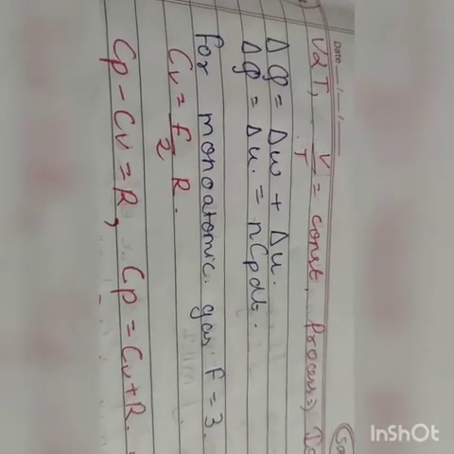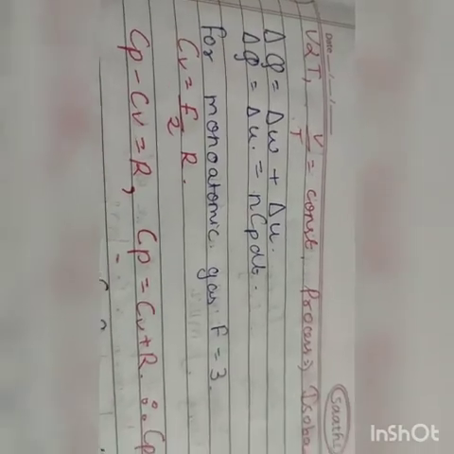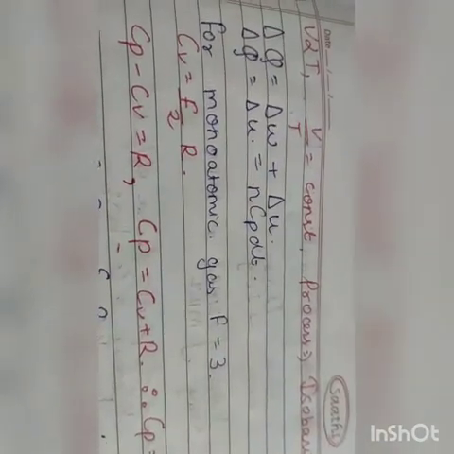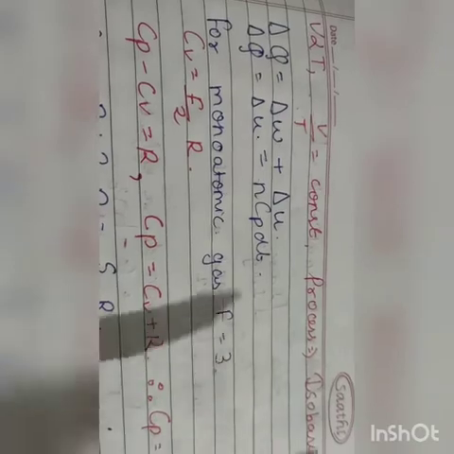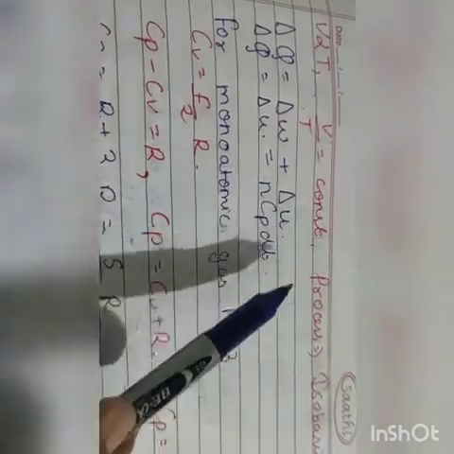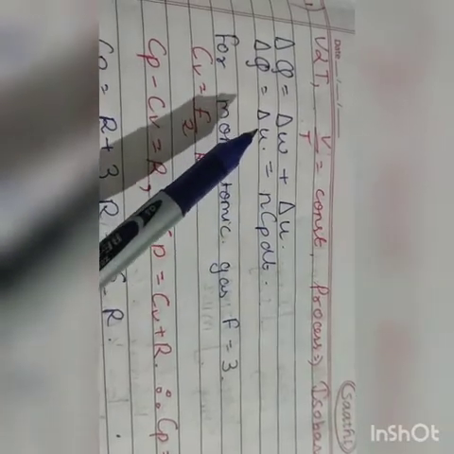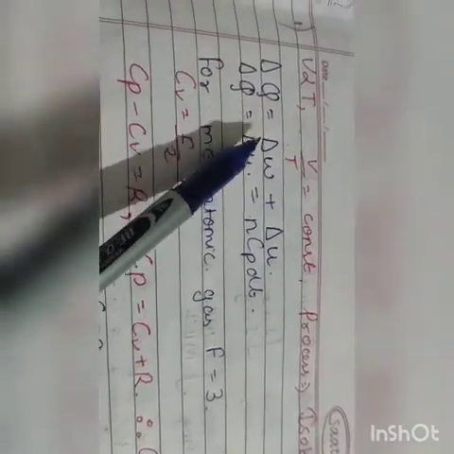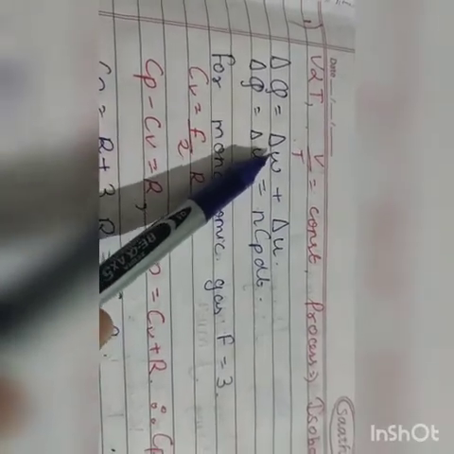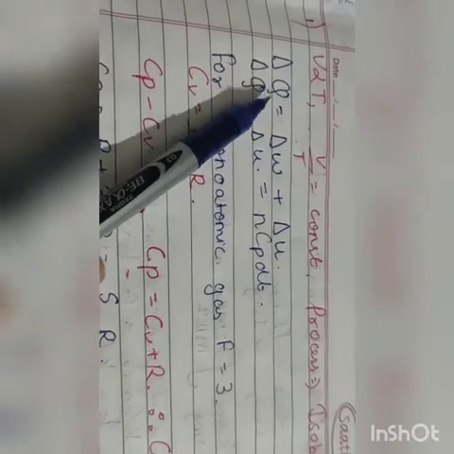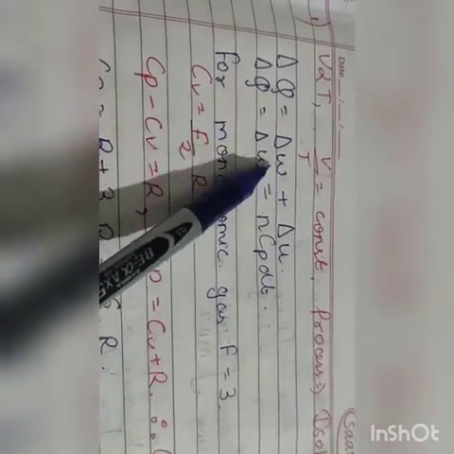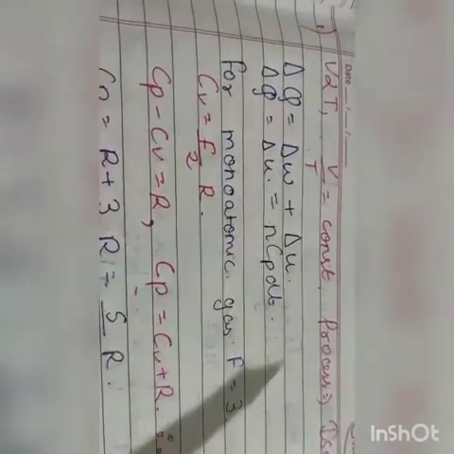In this given figure, the graph is between volume and temperature. So here V and T are constant, so the process is isobaric. From the first law of thermodynamics, we know that delta Q is equal to delta W plus delta U. Here delta Q is the total heat absorbed or given, which is equal to work done plus internal energy.